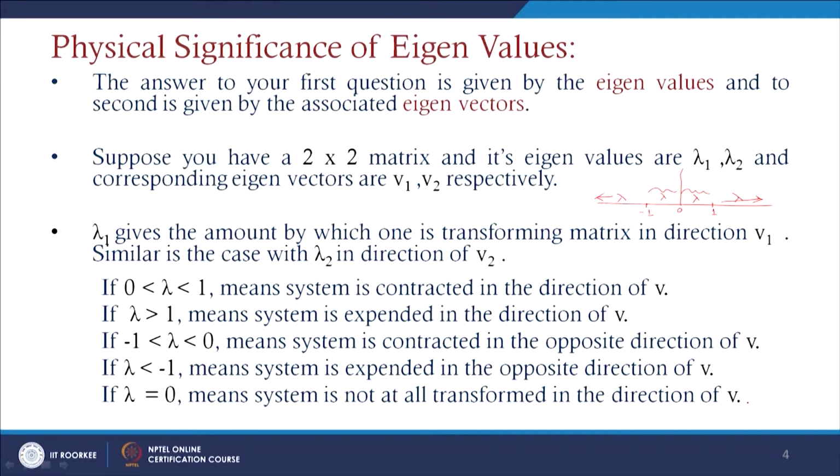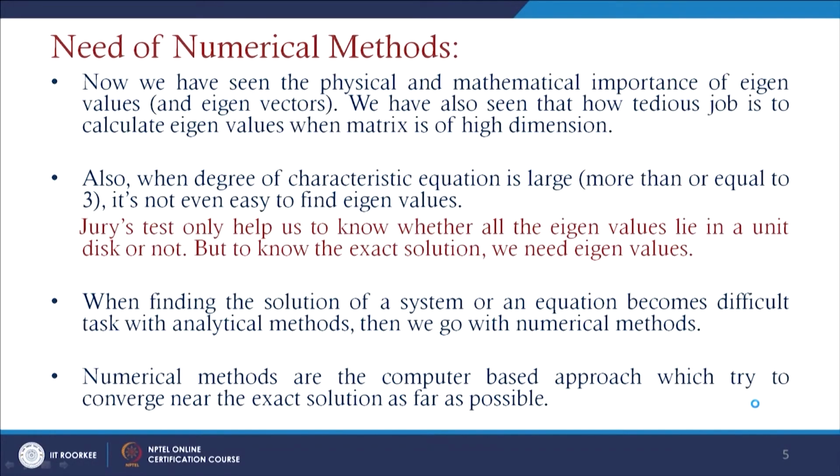So, if we go for numerical methods, as we have discussed in the earlier lecture, we will not always have an analytical solution. Analytical solutions are possible whenever we have a quadratic equation, but after that it is not easy to find the values when the degree of the equation is greater than 2.